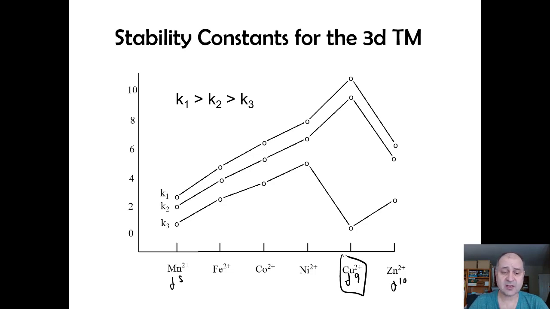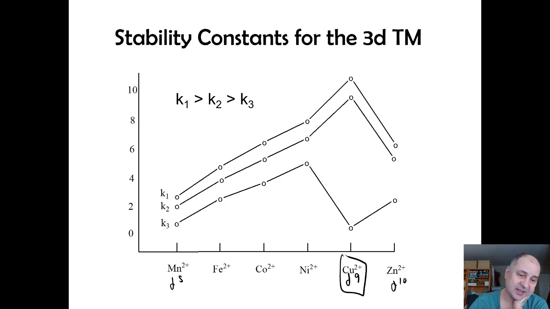So these are the 3d transition metals, and these Ks are all for the hexaammine. Obviously it's not ammonia, it's amine, as I taught you. Hexaamine complex being substituted with a chelating ligand.